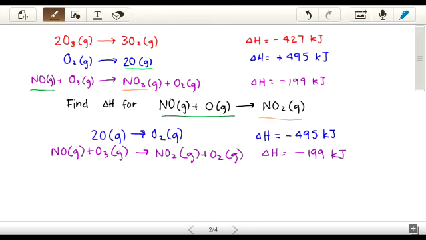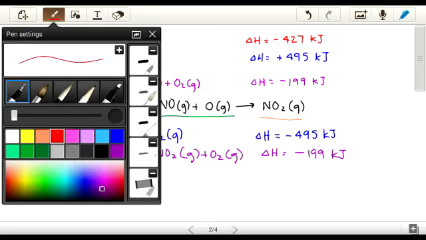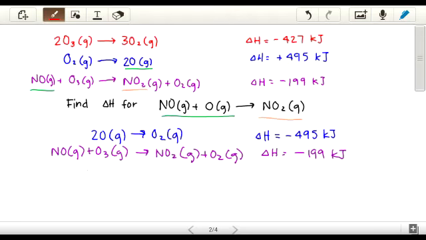Now, the red equation, we see that O2 is a product over here in the blue equation. So we need to reverse the red equation so that it becomes a reactant so that it can cancel out with the right side. So I'll also reverse the red equation.